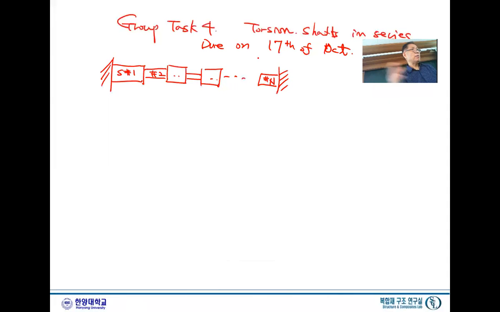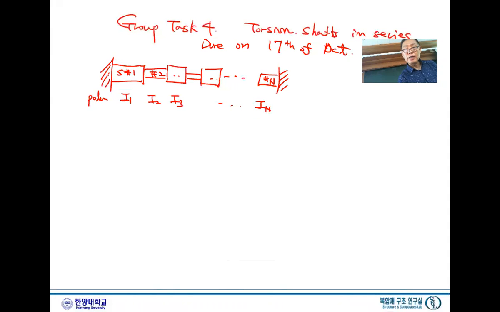Once you derive all the solutions and go to Excel, you can specify the number of n once you get the solutions. And each one would have a polar moment of inertia. Let's call I1 and I2, I3, and so on. You have an In. Okay.